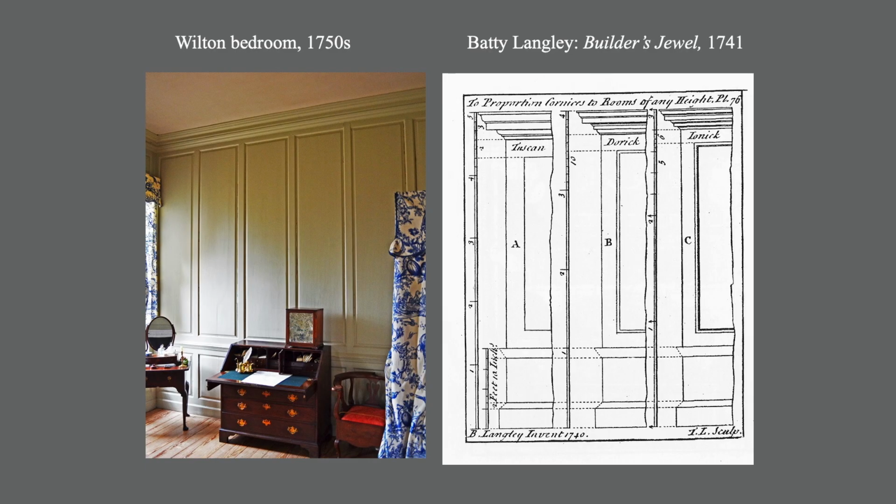The 18th century builders' manuals and pattern books indeed based panel proportions on the classical orders. Batty Langley's Builder's Jewel illustrates panel schemes reflecting the characteristics of three classical orders. This reference to the orders is reflected in the paneling of a Wilton bedroom, seen on the left.